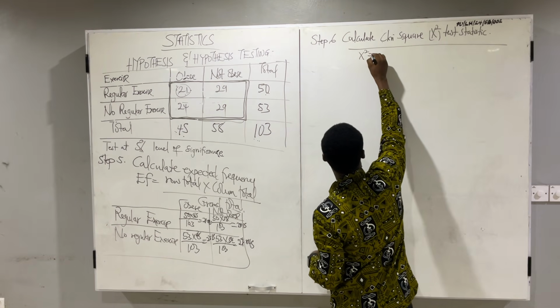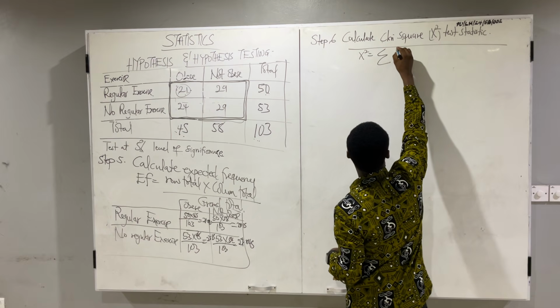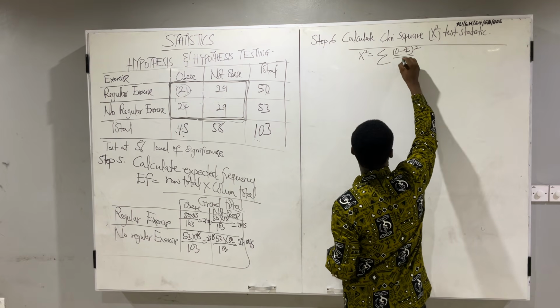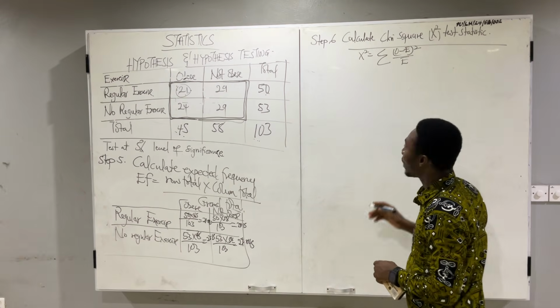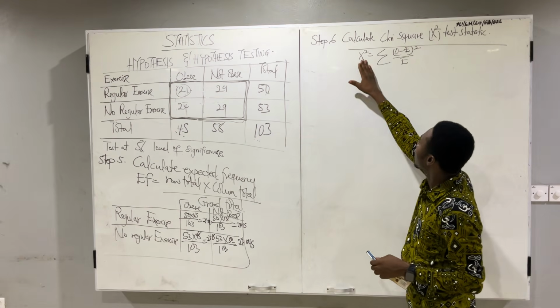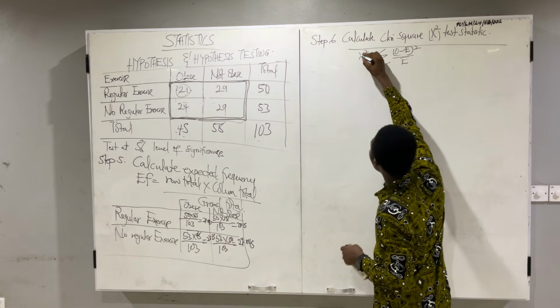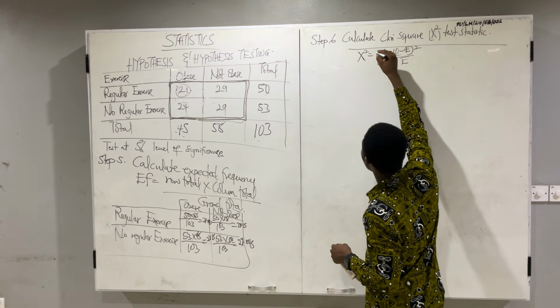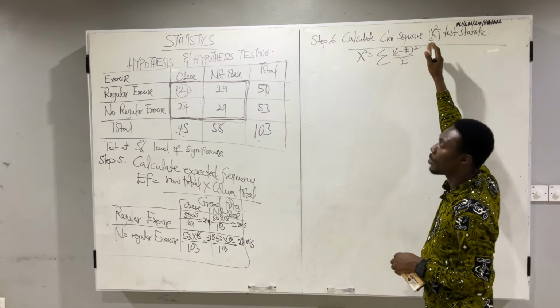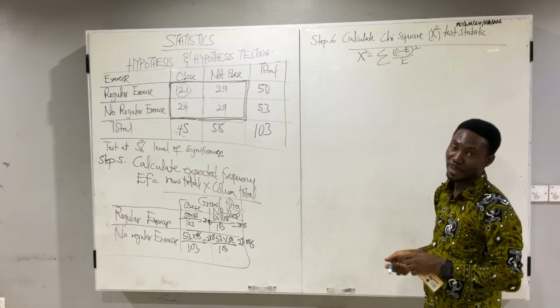S squared is equal to the big sum of observed minus expected, close the bracket, all squared, all over expected. This is the formula we are going to use. The chi-square, we represent it by capital S squared.